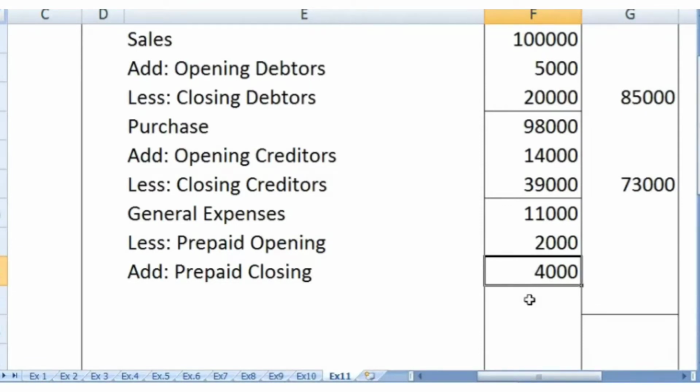Normally we add the opening and less the closing, but as it is the reverse entry, because prepaid is not a liability, that's why opening is less and closing is added, right? So net payment towards the general expenses is 13,000.